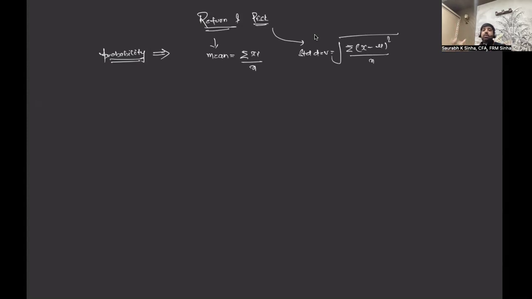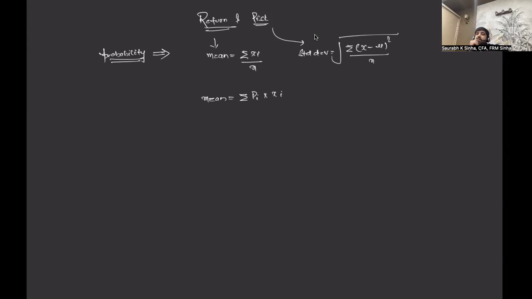We discussed it thoroughly in quantitative analysis, so we'll recap it. The mean formula becomes the summation of probability into entity value, not 1 by n. Why not 1 by n?